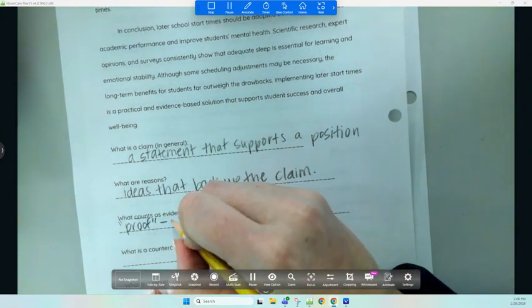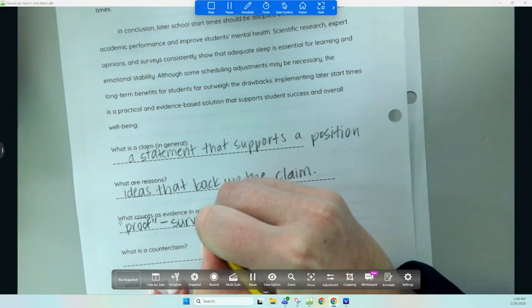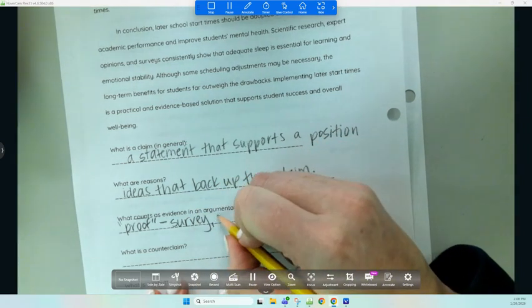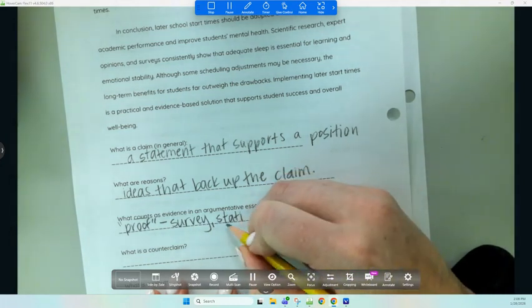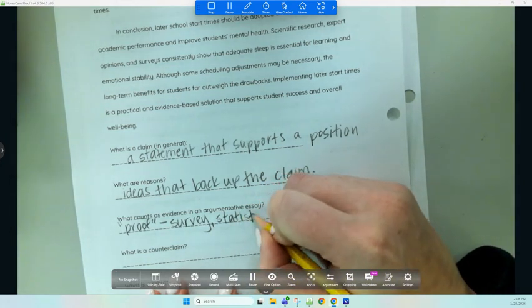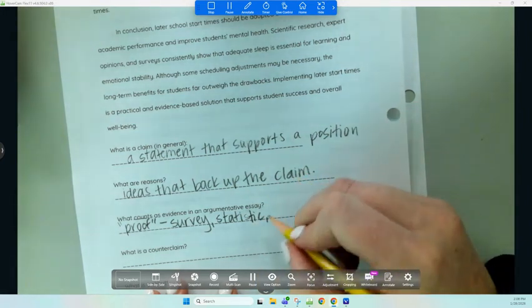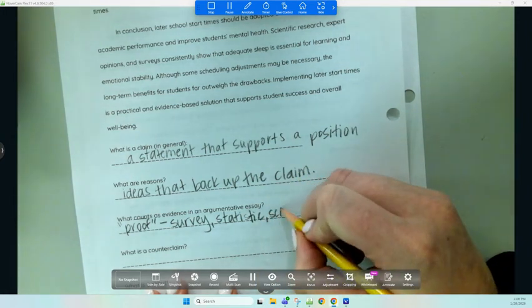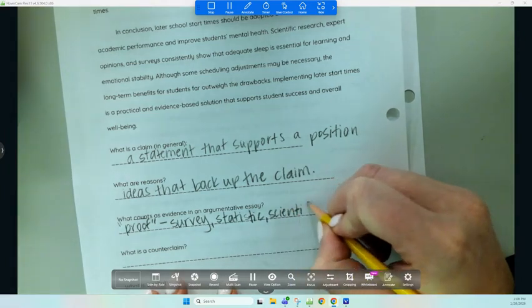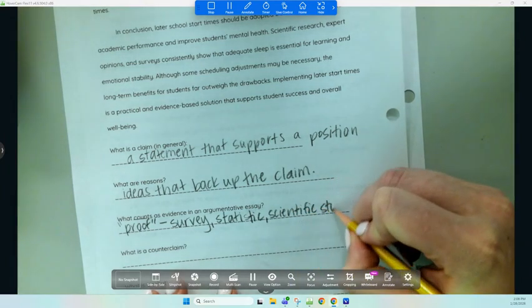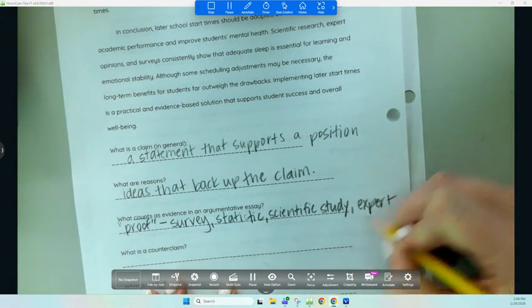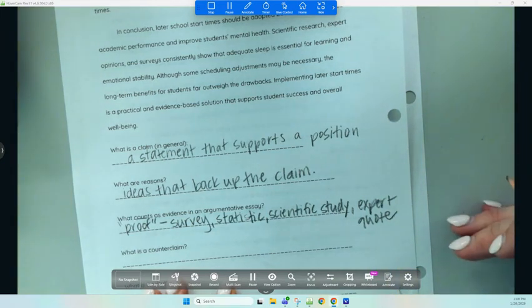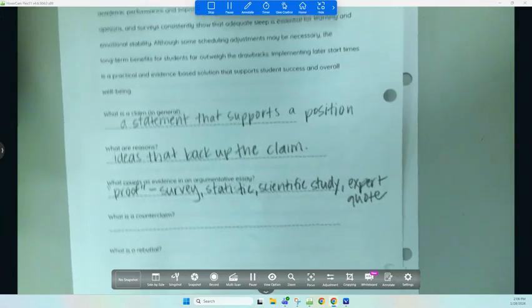So like we've talked about, you should be looking for something like a survey, a statistic, a scientific study, or this expert said this, right? Expert quote. Those are things that count as evidence in an argumentative essay.